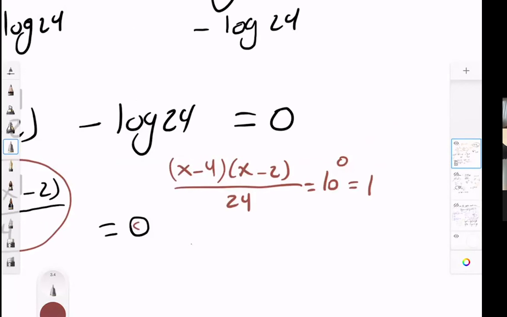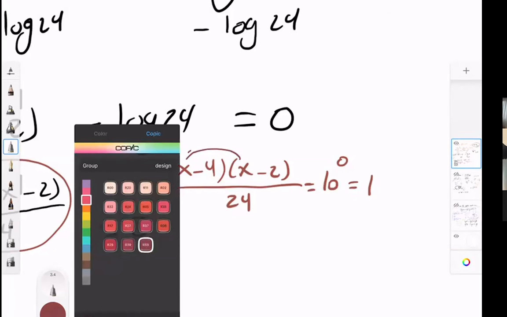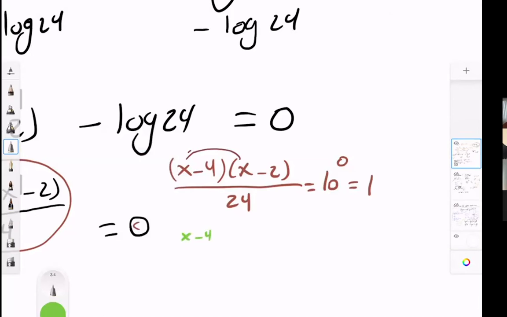So now we're gonna have x minus 4 times x minus 2 equal to 24. I cross multiply. All right, Ella? Good. So how do I solve for x?